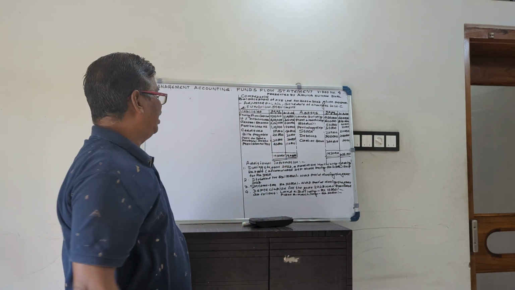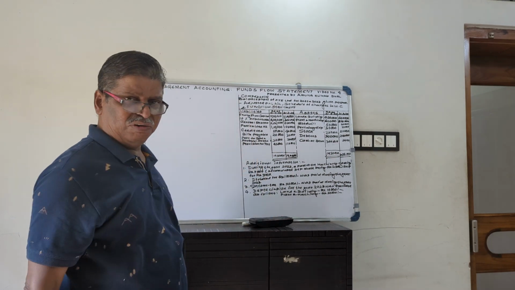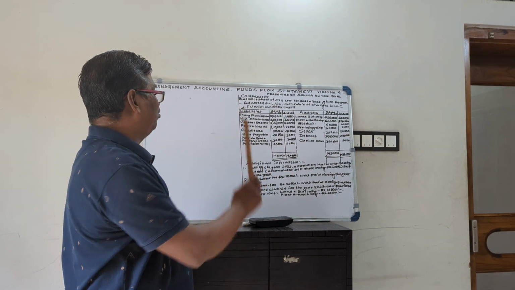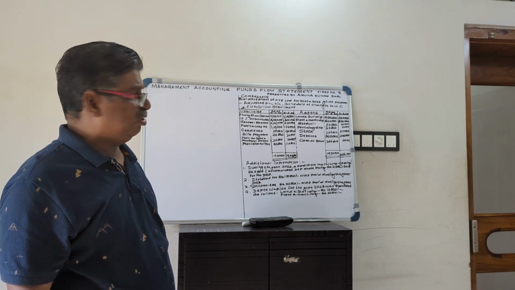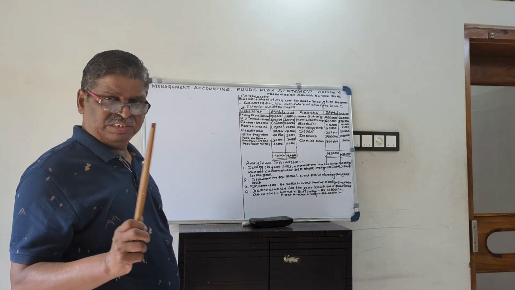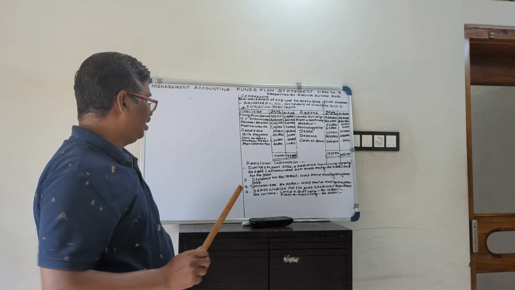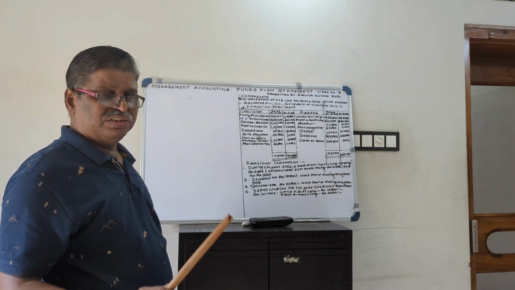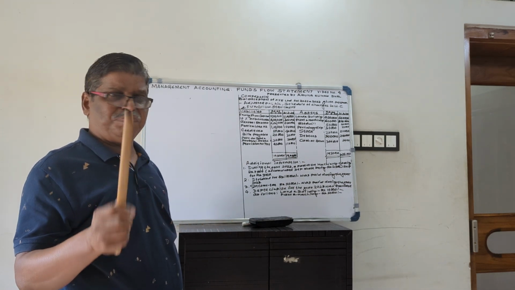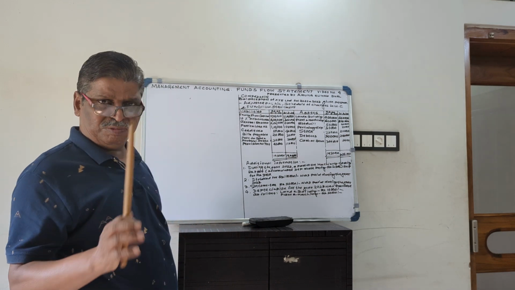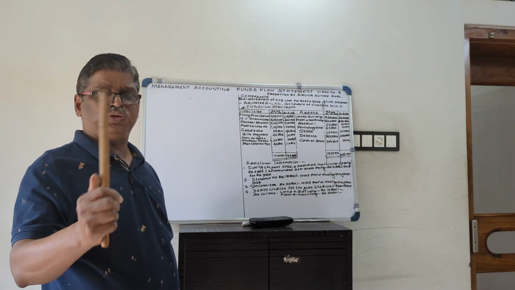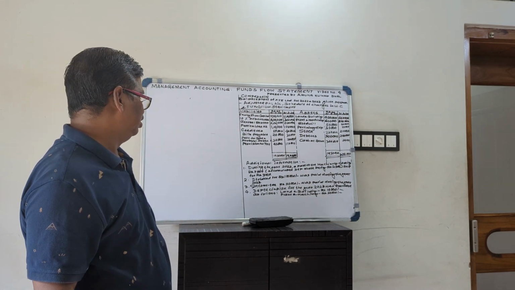On the liability side, equity share capital opening was 10 lakh, closing was 11 lakh. So the difference is an increase in equity share capital of 1 lakh. That means there is an issue of equity shares of 1 lakh, which is a source of funds.